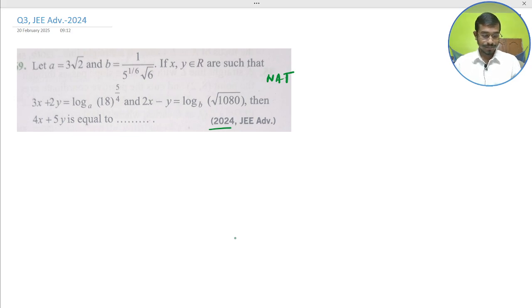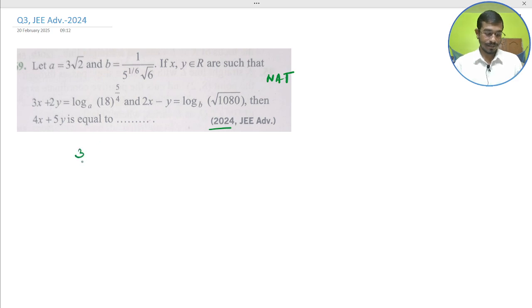If x, y belongs to R such that 3x plus 2y equal to log base A of 18 to the power 5 by 4 and 2x minus y equal to log base B of root over 1080, then you have to find the value of 4x plus 5y.